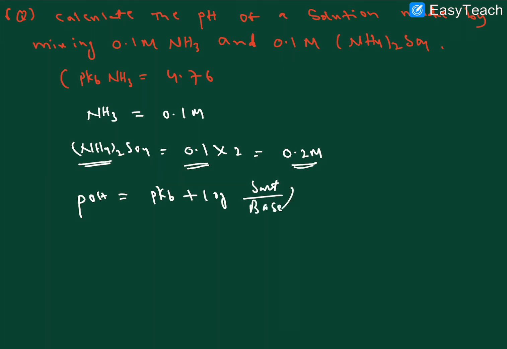This is the difference; in the remaining steps, it is the same formula. What is the pOH here? The pOH is equal to pKb plus log of the salt concentration divided by the base concentration, right?